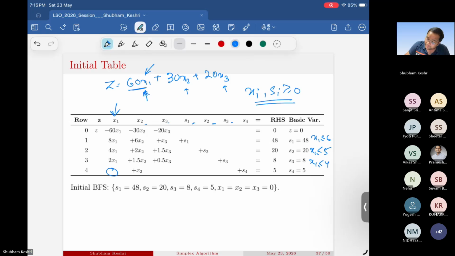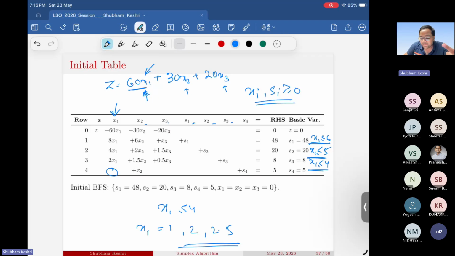You see, x1 has to satisfy all these cases. Which value will satisfy all of them? x1 less than or equal to 4 will satisfy this case, and this case. Okay, so x1 can take any value. It can take 1, 2, 2.5, anything. What value will we give it? We will give it the highest value.